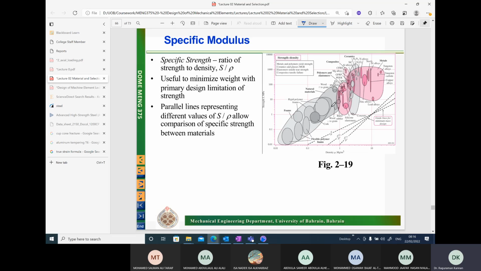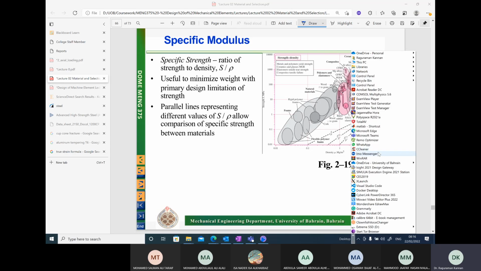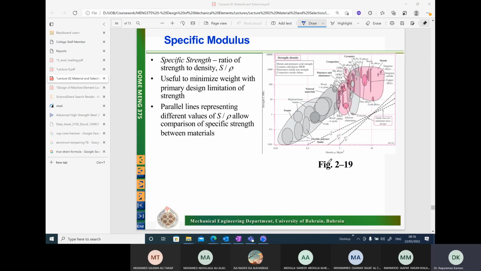Based upon the ratio of the values, we can see whether it is increasing or decreasing this ratio. Obviously the ratio is increasing in this direction and decreasing in the opposite direction. So let's try to see how it looks in the software.